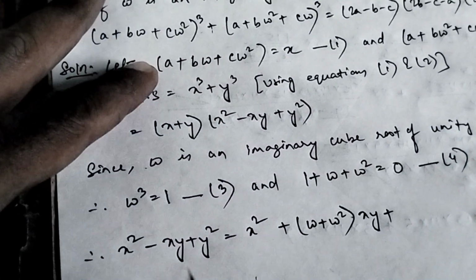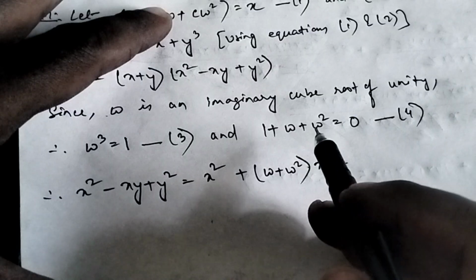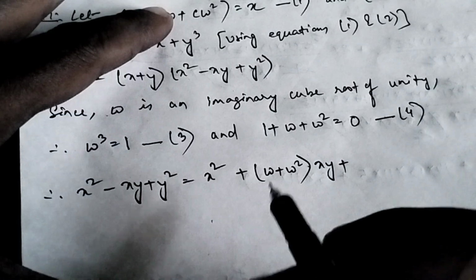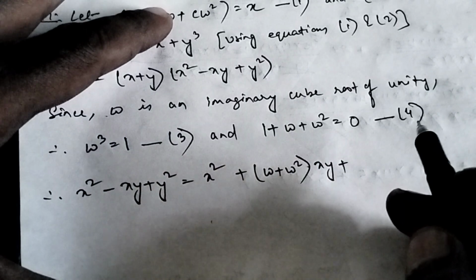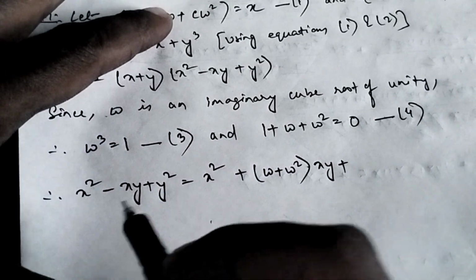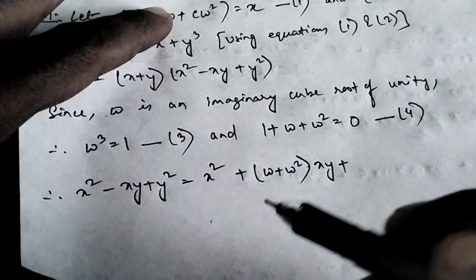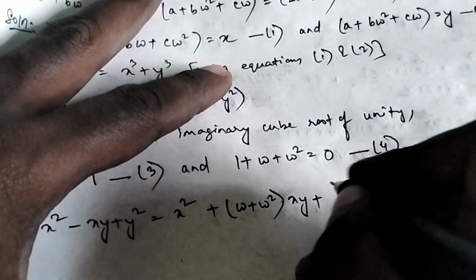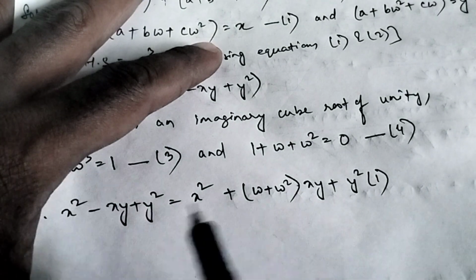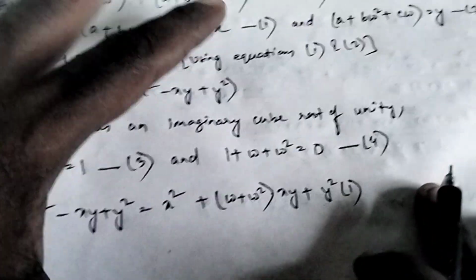Why is minus 1 equal to omega plus omega square? Because from equation 4, omega plus omega square is equal to minus 1. So in place of minus 1, I am writing omega plus omega square into xy. Then y square I can write as y square into 1, and y square into 1 is y square only. We got this using equation 4.